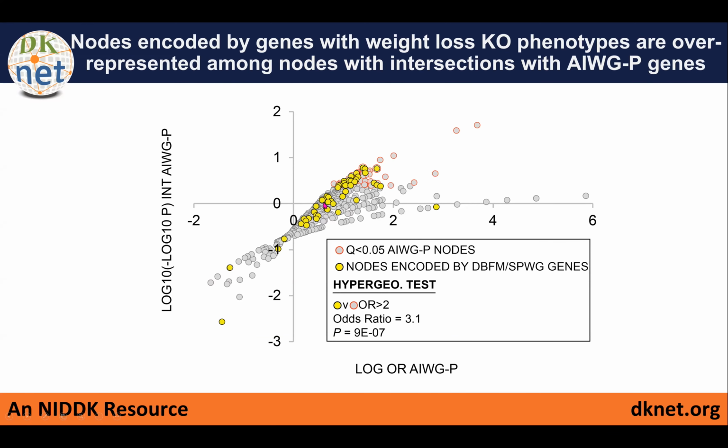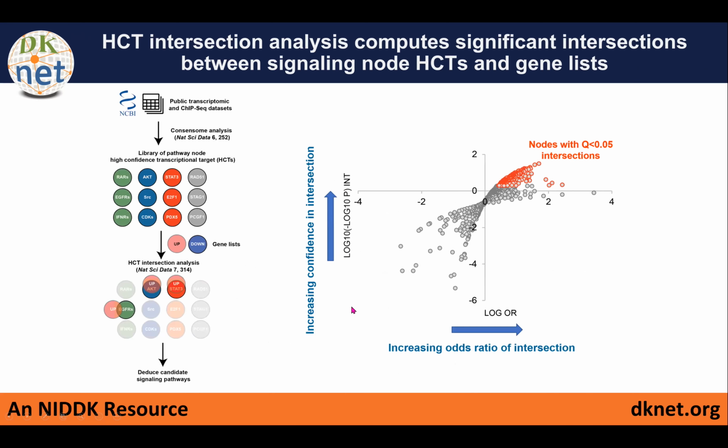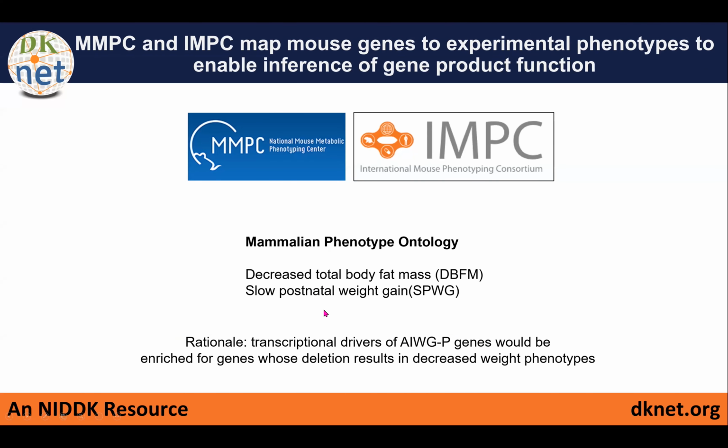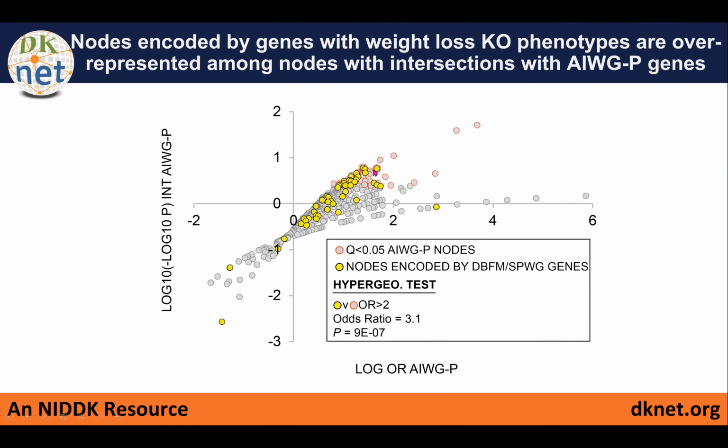And indeed, what we found was that when we ran HCT intersection analysis on the AIWGP targets, and we then overlaid the nodes that were in these categories, they were over represented among things that had significant intersections with the AIWGP targets.